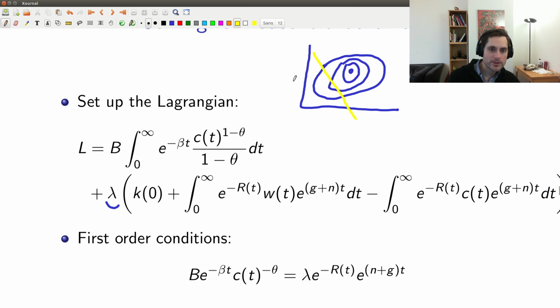So this part of the objective function is the part that corresponds to the hill. We want to maximize this thing, but we can't just find the unconstrained maximum. We want to find the point along this line that leads to the highest utility. How does this work? Well, along this line and only along this line is this budget constraint going to be binding.